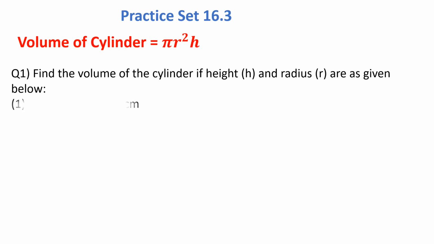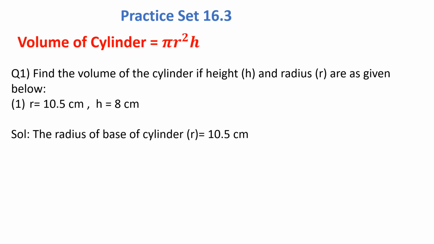So, the first one: the radius given is 10.5 centimeter and the height given is 8 centimeter. So, we have to find the volume of the cylinder. Solution: the radius of the base of the cylinder r is equal to 10.5 centimeter. Height h equal to 8 centimeter.